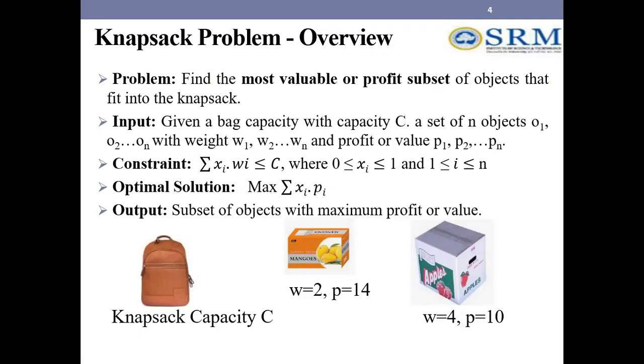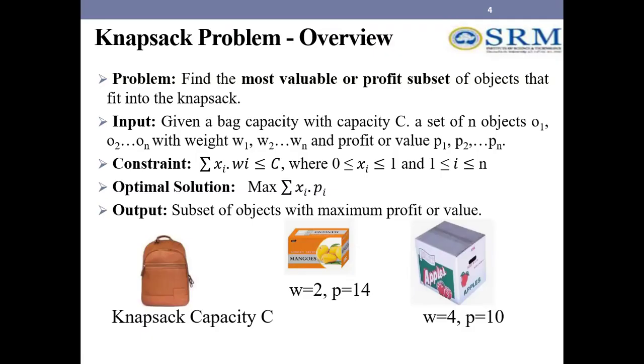If you are adding an item into the knapsack, add the weight of the item. The total weight of the items added in the knapsack should be less than or equal to the capacity of the knapsack, where xi is 0 or 1, and i varies from 1 to n, the number of items.